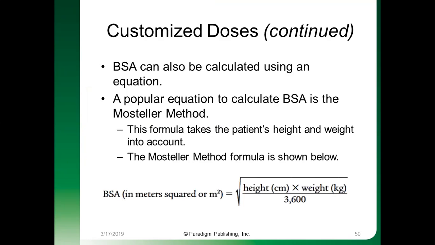Again, the equation will probably be more accurate, while the nomogram is an estimate, especially when it lands between two numbers and you have to estimate or round off. So it might be a little bit different, okay?